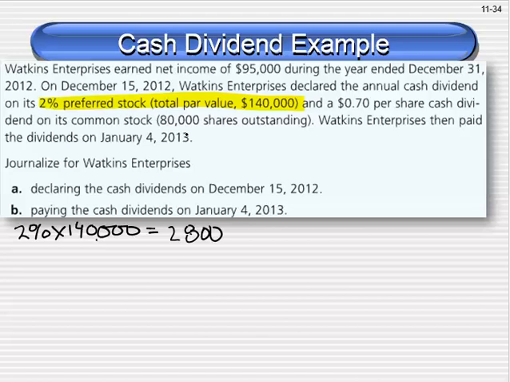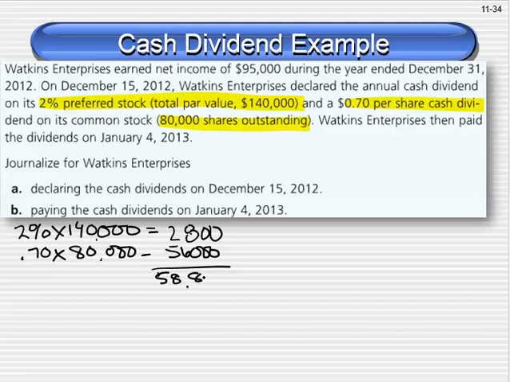Then also we're going to pay a cash dividend of 70 cents per share on 80,000 shares outstanding. So if we take 70 cents times 80,000, we get $56,000. So that added together is $58,800.